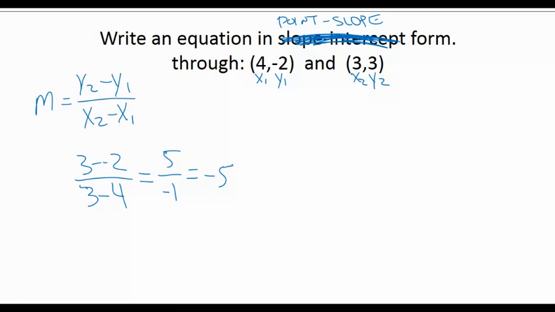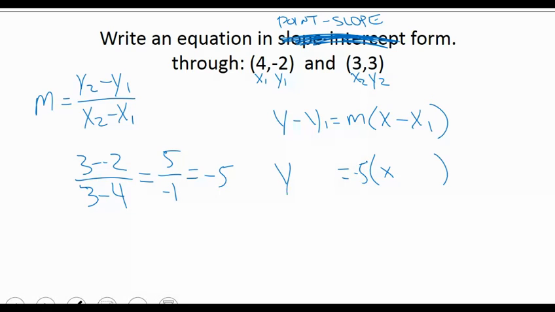Now I've got enough information. I know the slope, and I know 2 points, actually. So I'm going to write it out here. y minus y1 equals m times x minus x1. So we need to write down our equation in point slope form, which is right there. So right now it's going to be y. And we need to fill in the slope and a point. So we figured out the slope was -5. So my slope is -5. Then we need to pick a point.